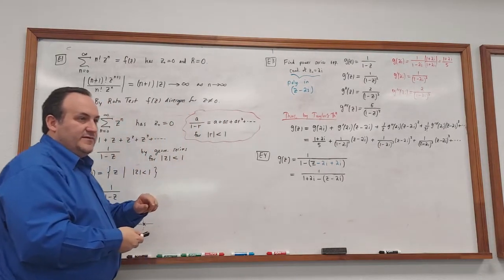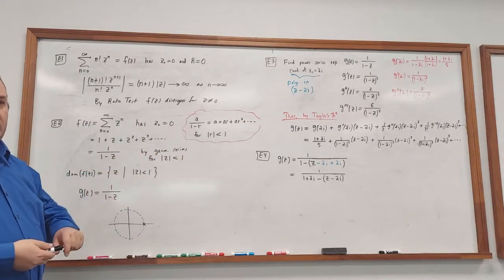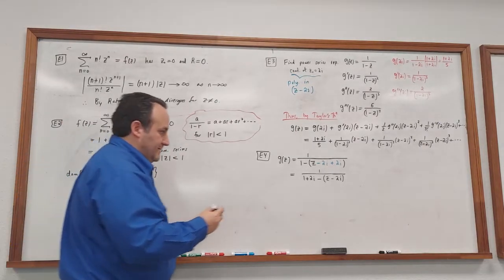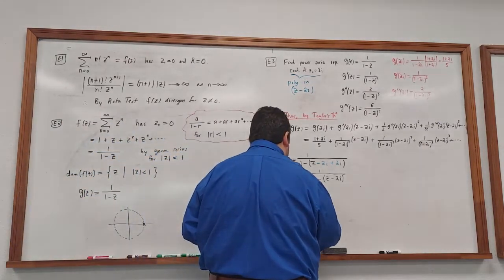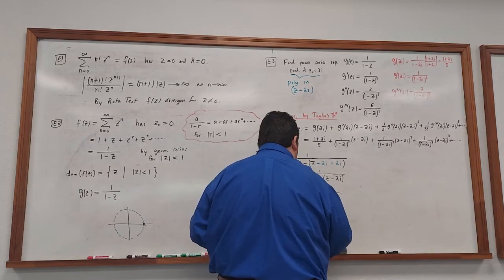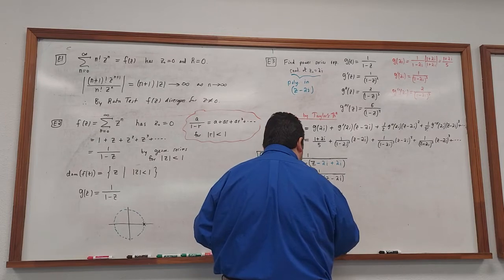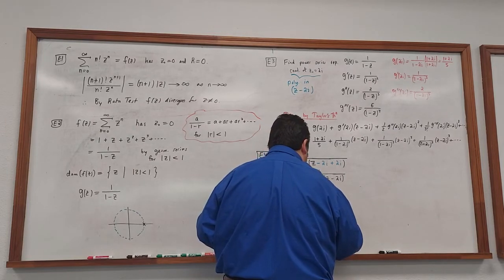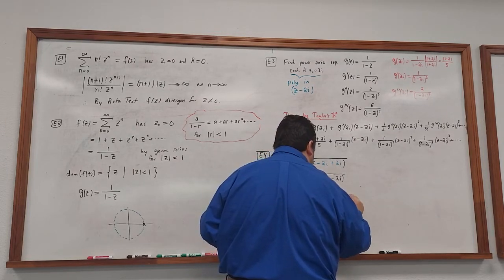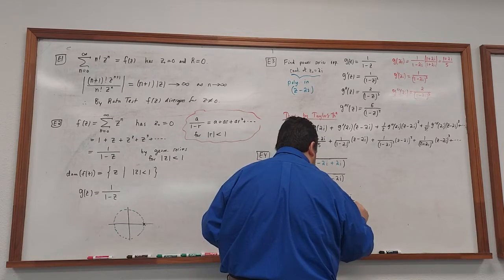All right. So to make that a 1, factor it out. Just factor it out. See, this is 1 over 1 plus 2i, right? Times what? Times 1 minus (z minus 2i) divided by (1 plus 2i).